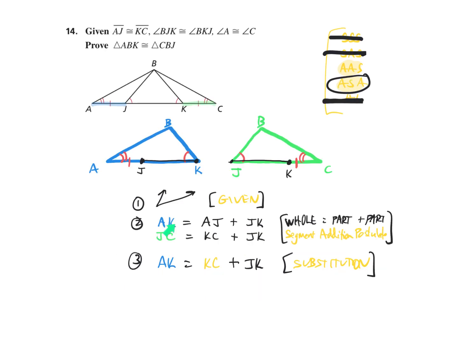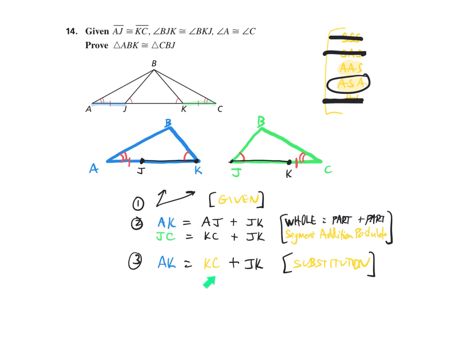Let's just rewrite this equation for AK, but instead of AJ, we're going to put KC in its place, because AJ is congruent to KC, so the measures are equal. And if their measures are equal, then they can take each other's place. So we're saying, hey, KC, you're going to go in for AJ into this blue equation right here.